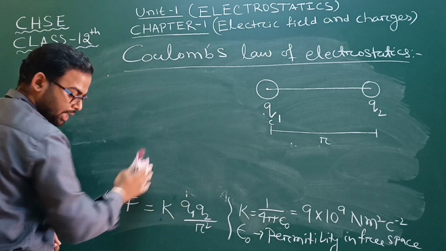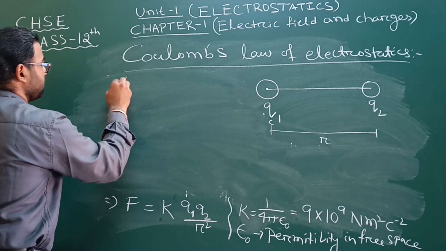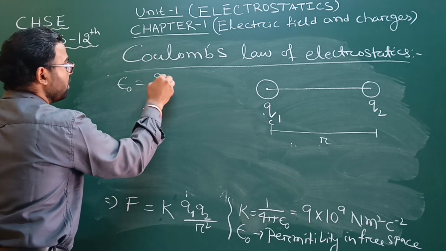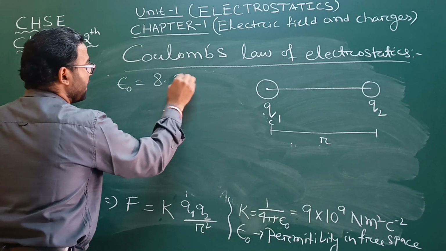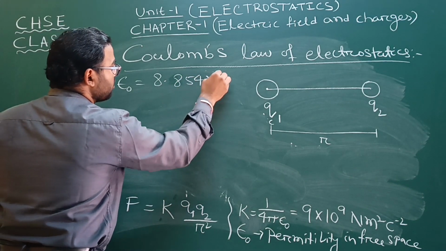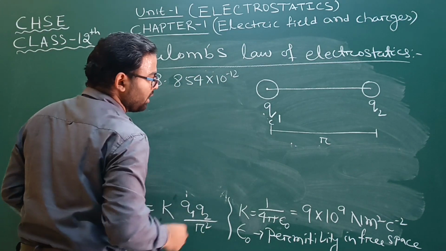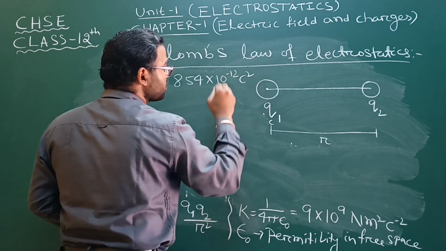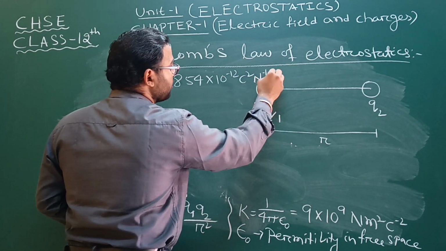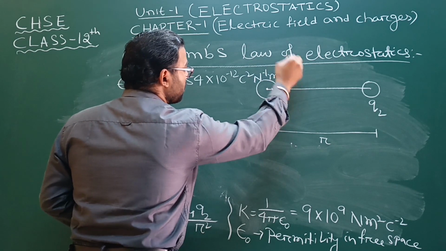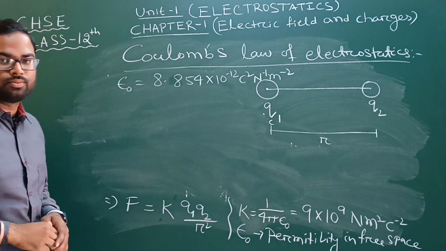The value of epsilon naught is 8.854 into 10 to the power minus 12 Coulomb square Newton inverse meter to the power minus 2.